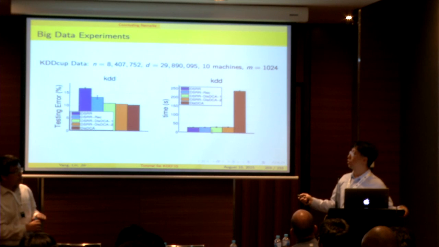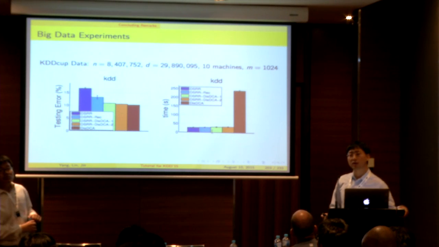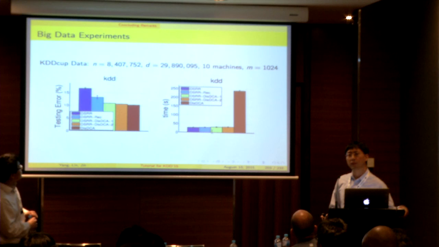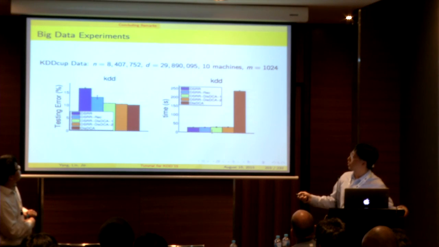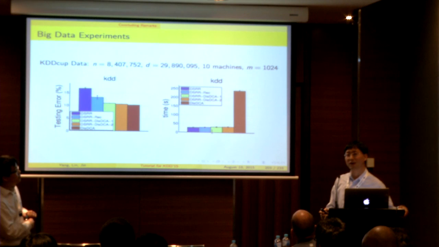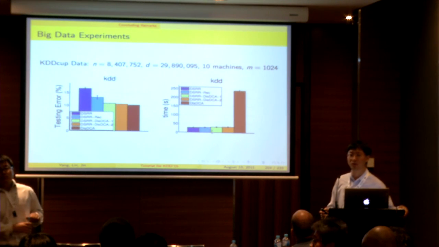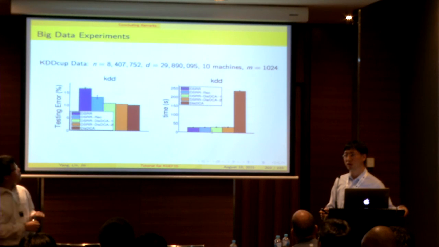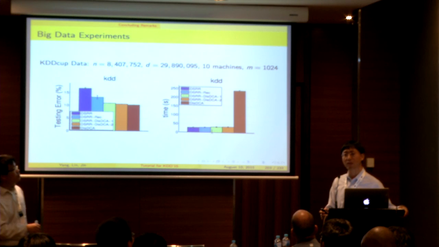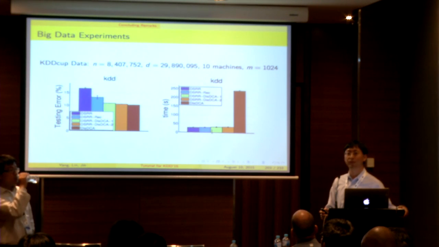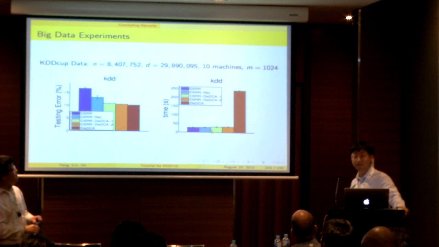Here I just show 1 or 2 epochs of passes over the data, and we get very similar performance to the pure optimization. That usually needs tens of epochs, hundreds of epochs, to get the same performance.